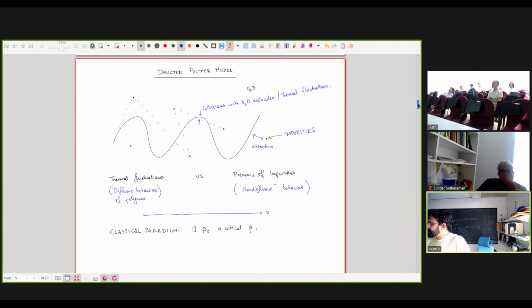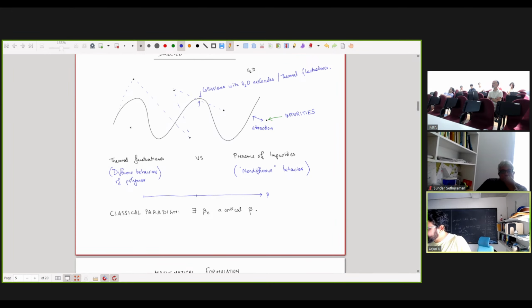So the classical paradigm in this model is that there is a critical temperature, a critical inverse temperature beta. At low temperature, the presence of impurities dominates, and you have non-diffusive behavior of the polymer.